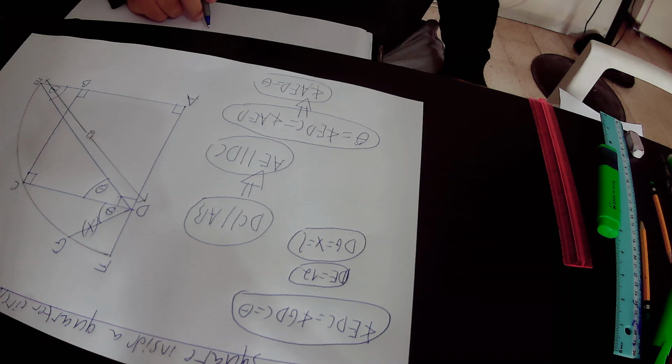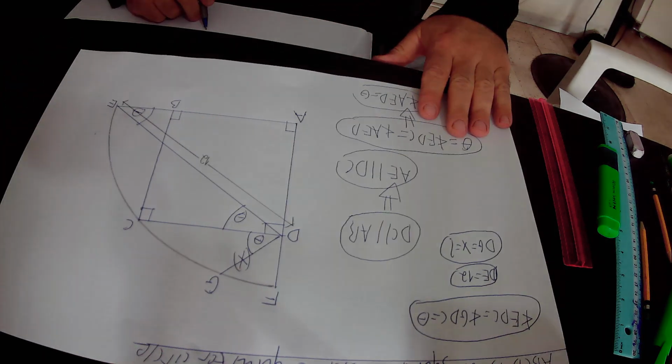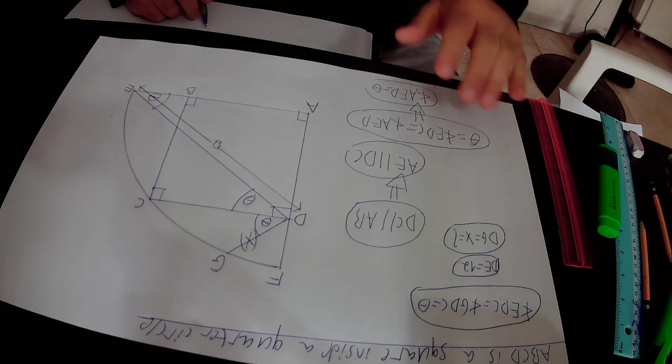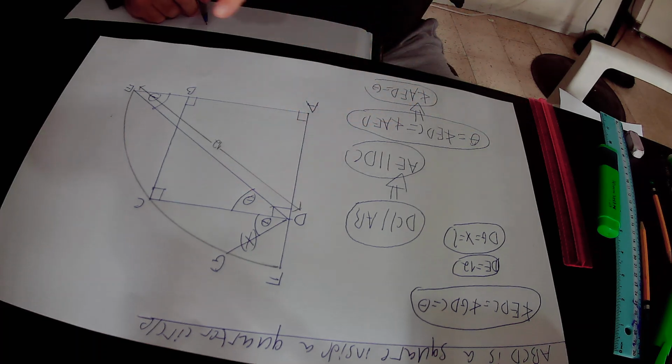In the next step, we will do a construction. That is to say, from point G, we draw a perpendicular on AB.